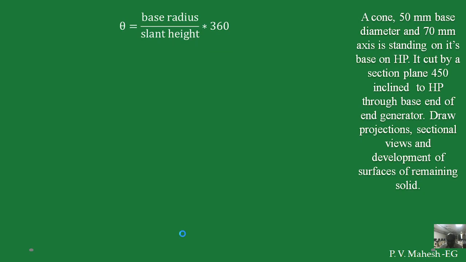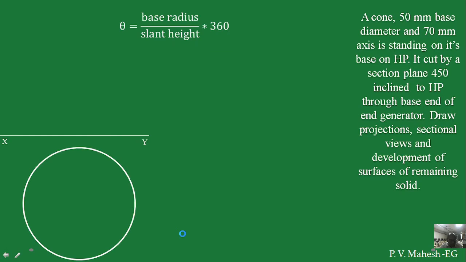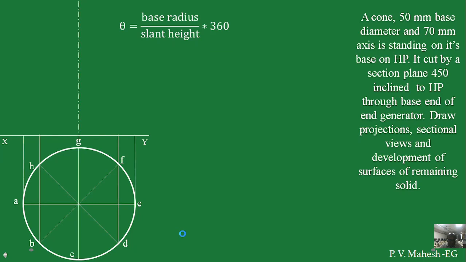So that is what you have to remember. Since the cone is resting on HP, in the top view you will get the circle. So this is the circle. Now what is the diameter? Diameter is 50 mm, and divide the circle into 8 equal parts. Complete the front view and top view. So this is the front view and top view.